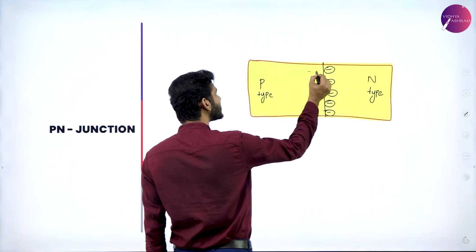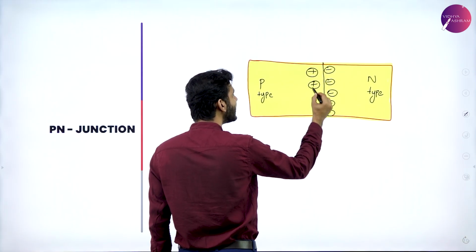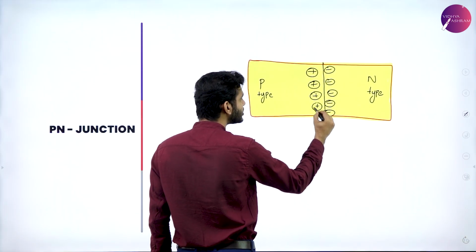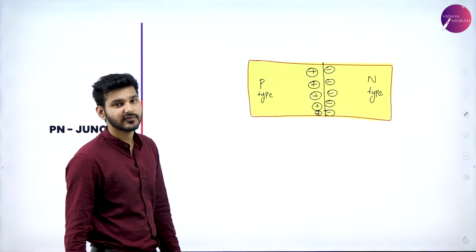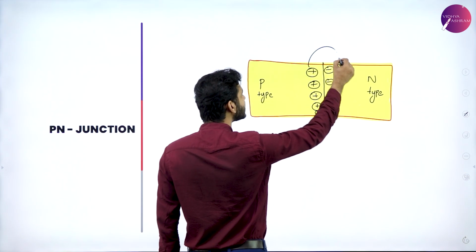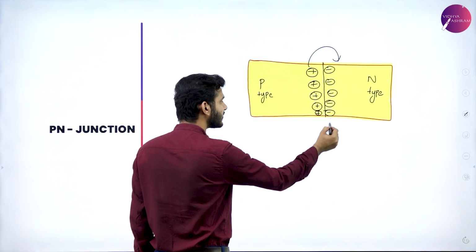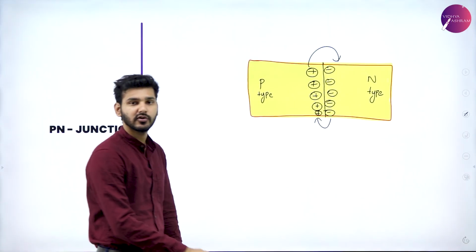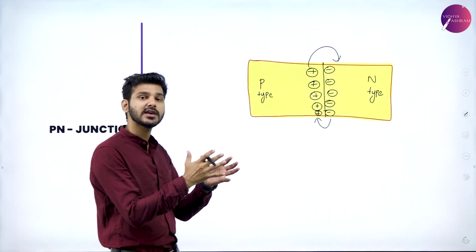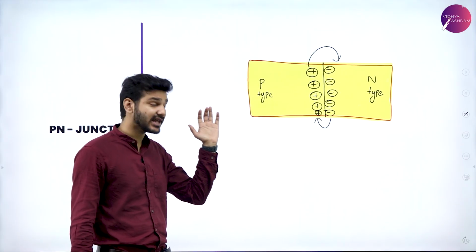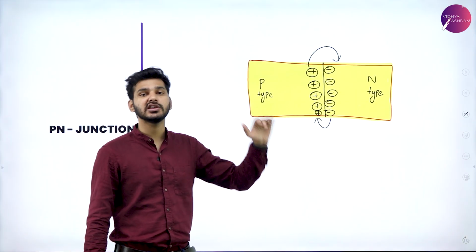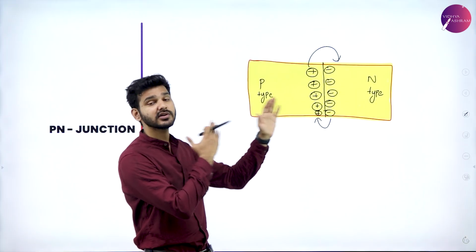And all the positive charges from this side will have a tendency to recombine or just go towards the n side, which means from here to here the charges want to flow and from here to here also the charges want to flow. So while forming a p-n junction, the electrons and the positive holes will have a tendency to cross over each other. But do you think this will happen forever?